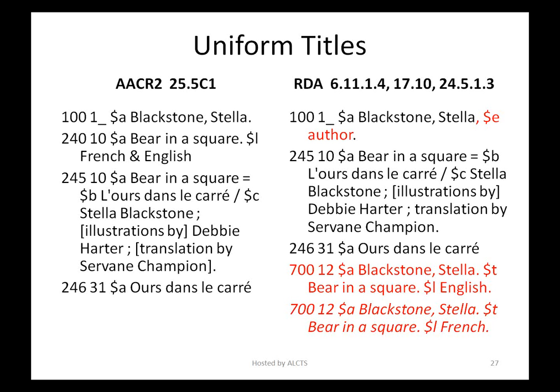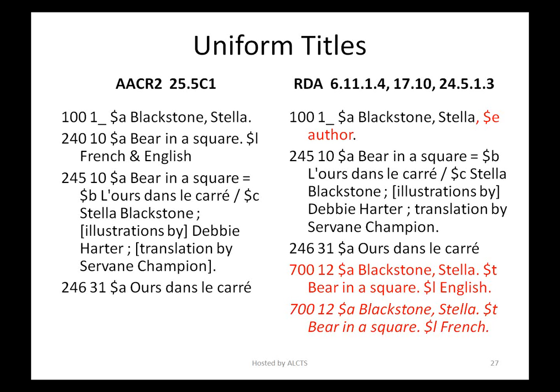However, I don't think it would be a very good practice for us to give only the access point for the English. That's already the name of the original, and people looking for a French translation would not find this. So it would be cataloger's judgment actually as to which to give, whether you'd give the English or the French, but I think not giving the French at all would be a disservice to users.